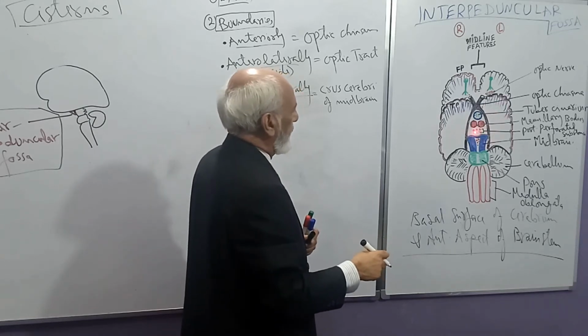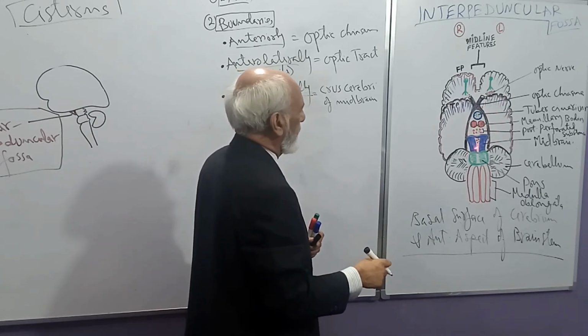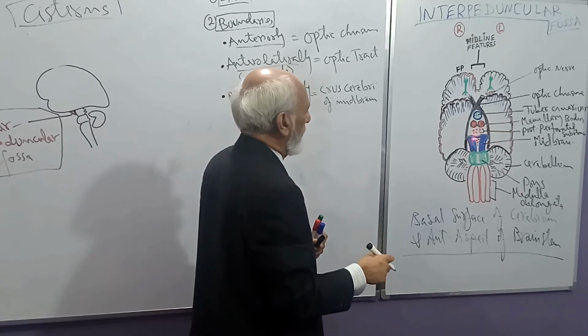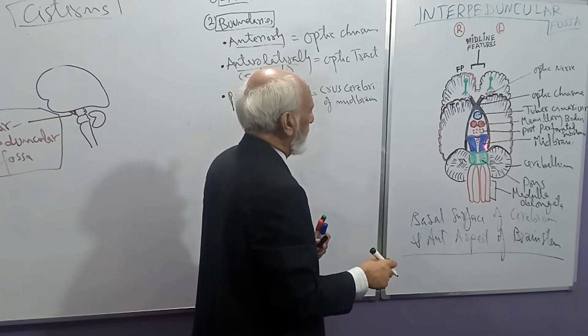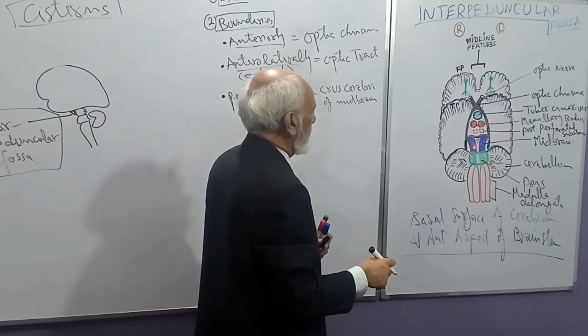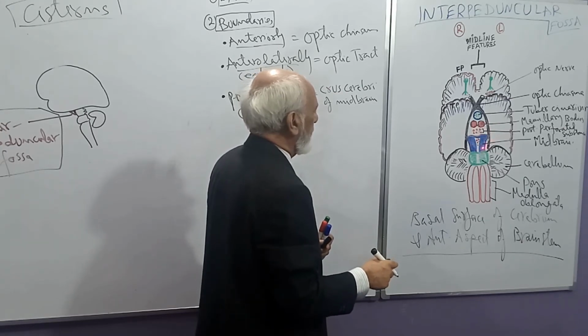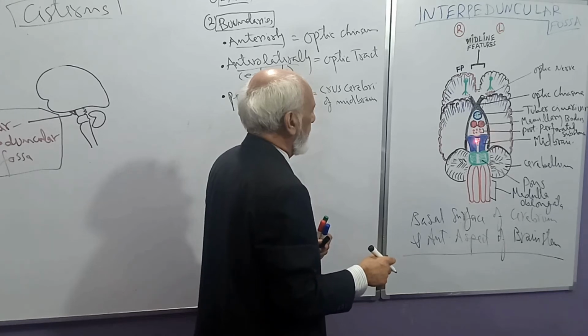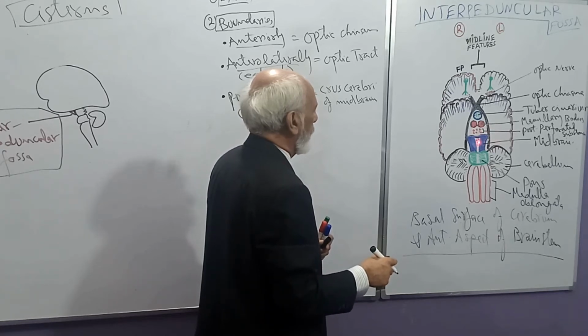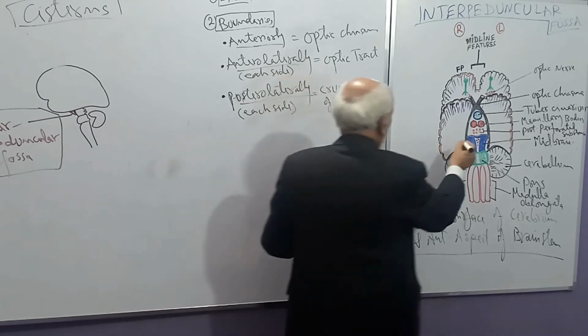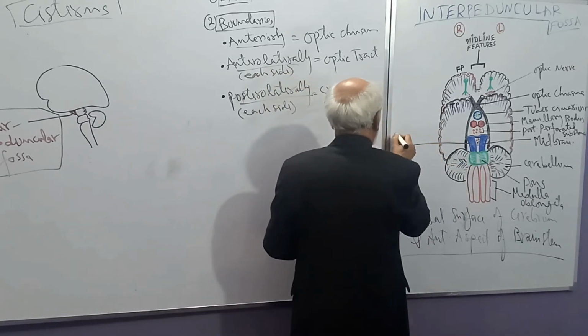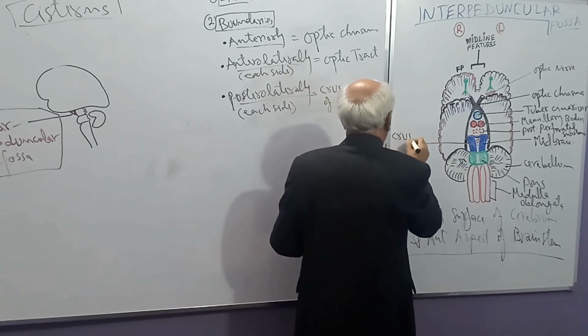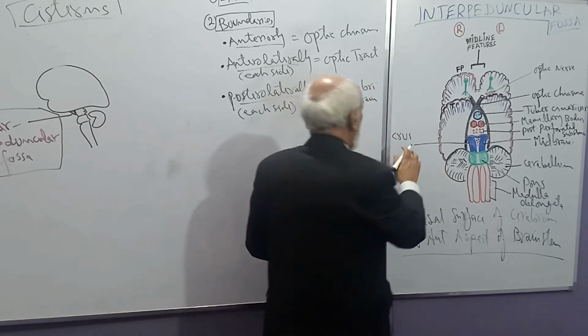Now you can see here from here up to here, this is the midbrain. Can you see these two pillar-like structures on the anterior aspect of the midbrain? This is the right crus cerebri and this is the left crus cerebri, and in the middle is the interpeduncular fossa of the midbrain. So this is the crus cerebri. Crus stands for leg, leg-like.